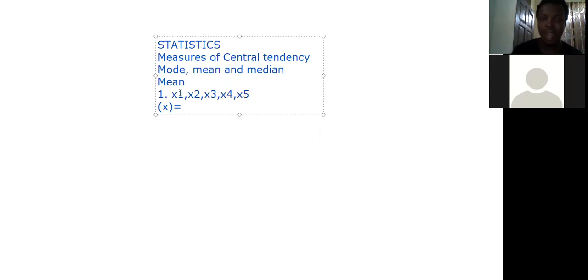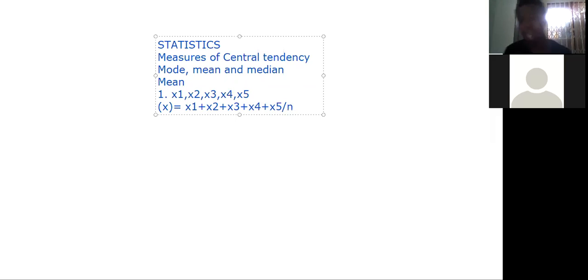Now from there, I'll add all of these and divide by the quantity of the variables. So my mean will now become x1 plus x2 plus x3 plus x4 plus x5, which I divide by n.